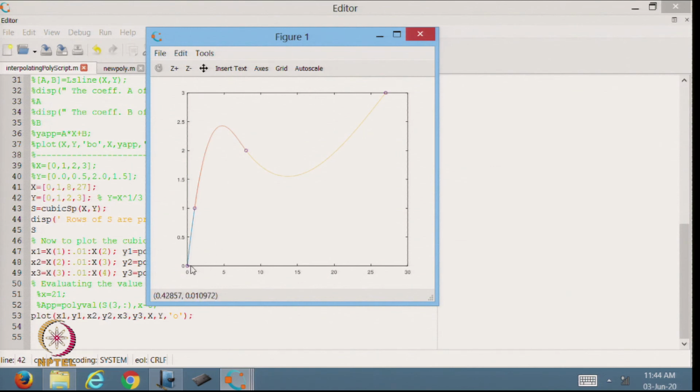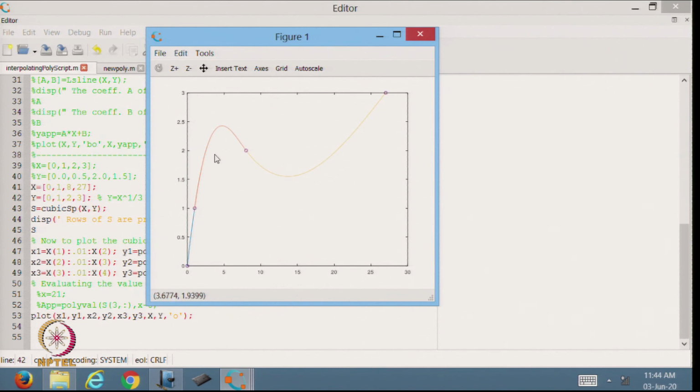So, I have 4 points 0, 1, 2, 3. So, x is 0, 1, 8 and 27. The value of y is 0 at 0, 1 at 1, 2 at 8 and this is 3.